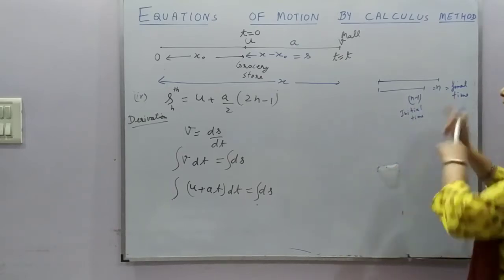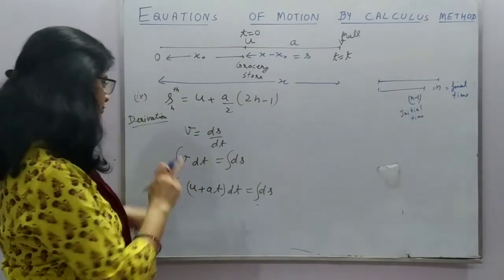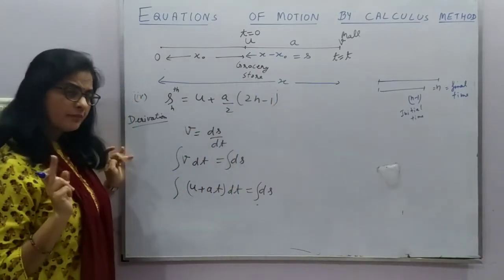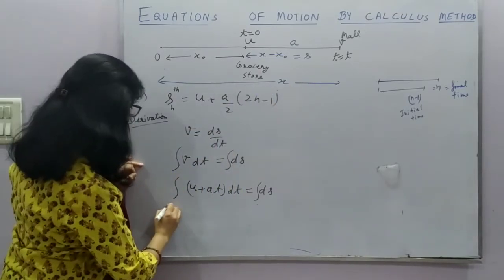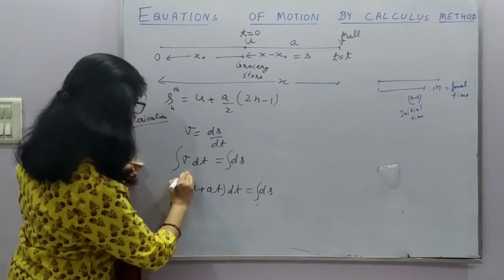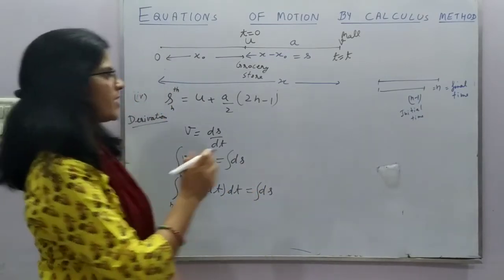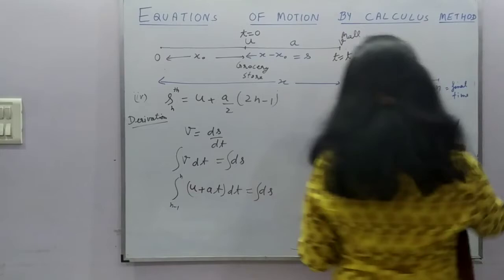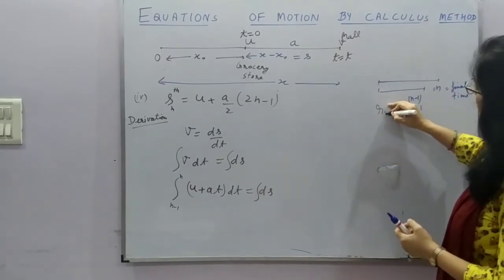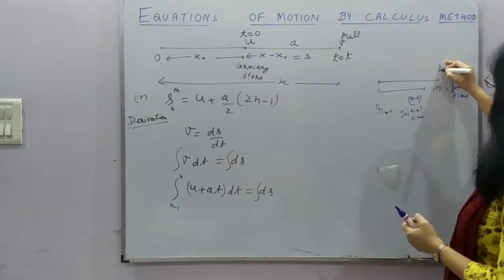So what are the limits of time? We have to find the distance travelled in nth second. So what will be our final time? Our final time will be n and initial time will be n minus 1. So we can put n minus 1 to n. And distance will obviously be distance travelled in n minus 1 seconds and distance travelled in n seconds.